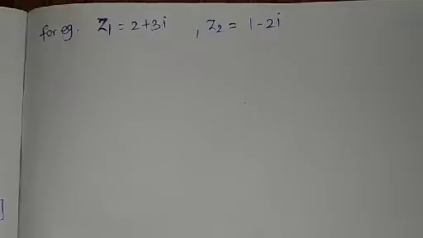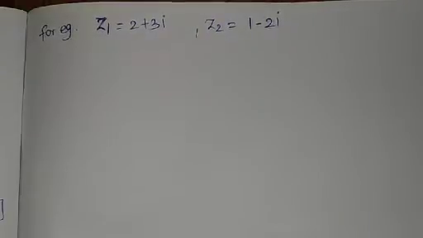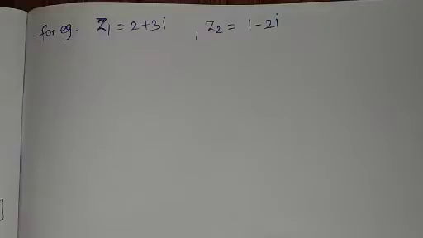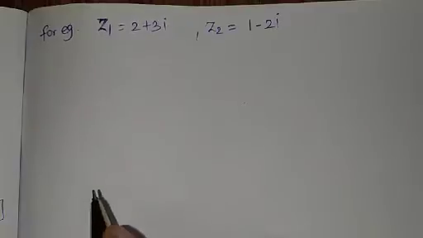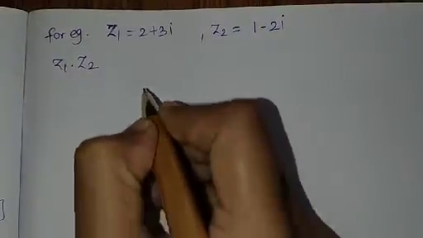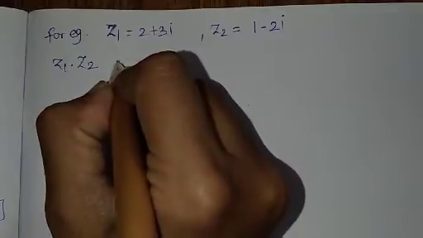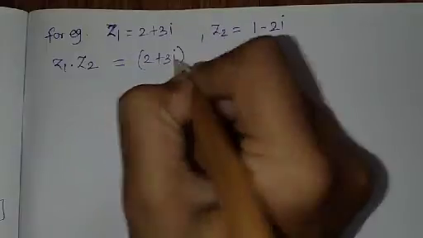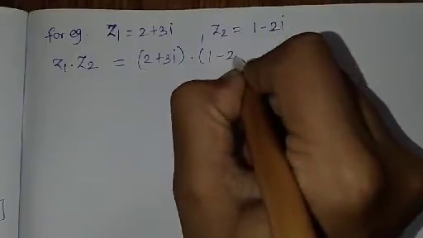Let's consider an example based on multiplication of two complex numbers. Here we have two complex numbers, z1 is equal to 2 plus 3i and z2 is nothing but 1 minus 2i. So we have to multiply these two complex numbers as z1 dot z2 or z1 into z2, which is equal to 2 plus 3i into 1 minus 2i.